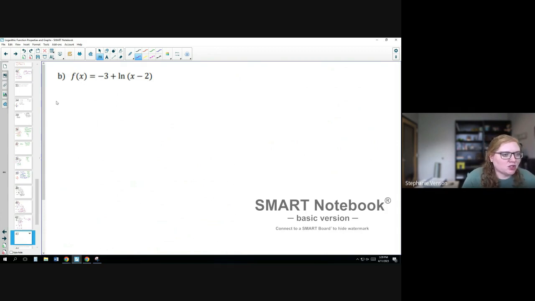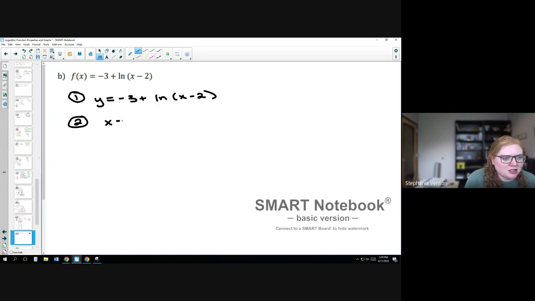Okay, so let's look at this one. We have f of x equals -3 plus the natural log of x minus 2. Step 1, write it with a y. Y equals -3 plus the natural log of x minus 2. Step 2, switch x and y.